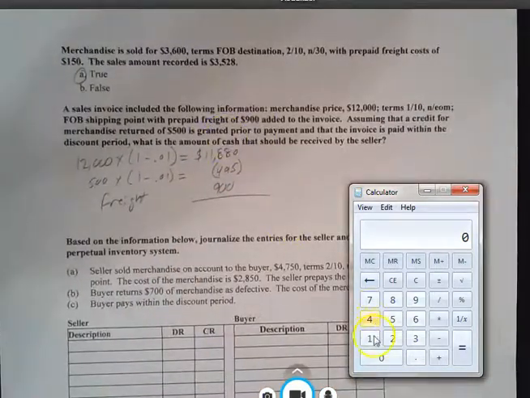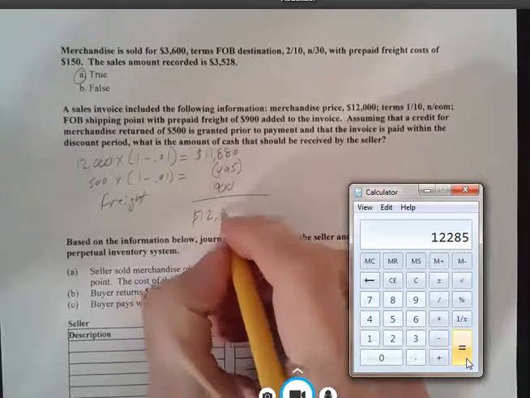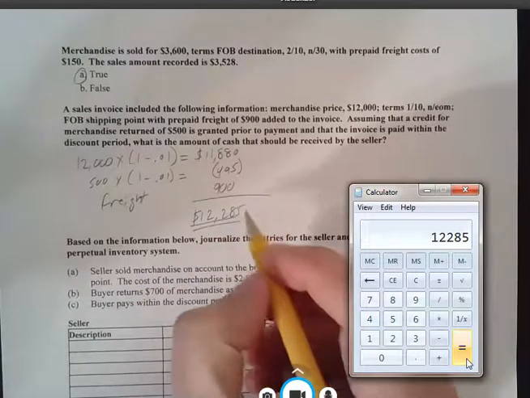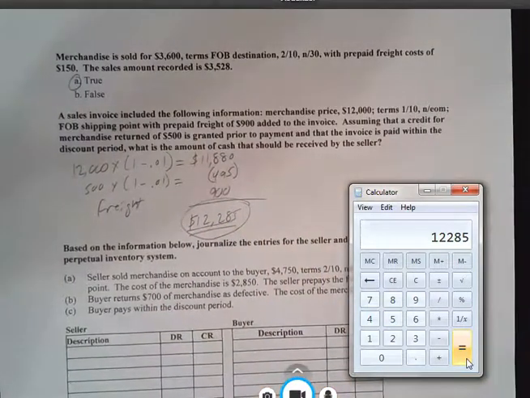So if we get our calculator, 11,880 minus the $495 for the returned merchandise plus the $900, the final total that the seller is to receive is $12,285. So in this, I want to go back up to this true-false question real quick.